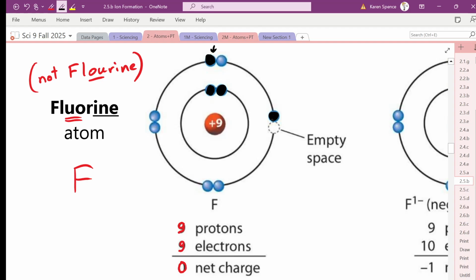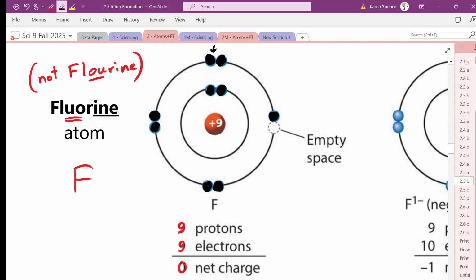Electron 4, electron 5, electron 6, electron 7. I'm going to skip one because it happens to be the way they drew this diagram, but I could leave the blank anywhere. Electron 8 and electron 9. So we have one empty space.